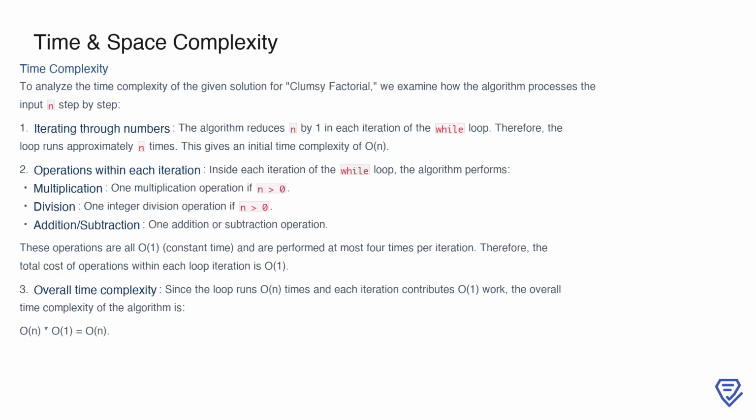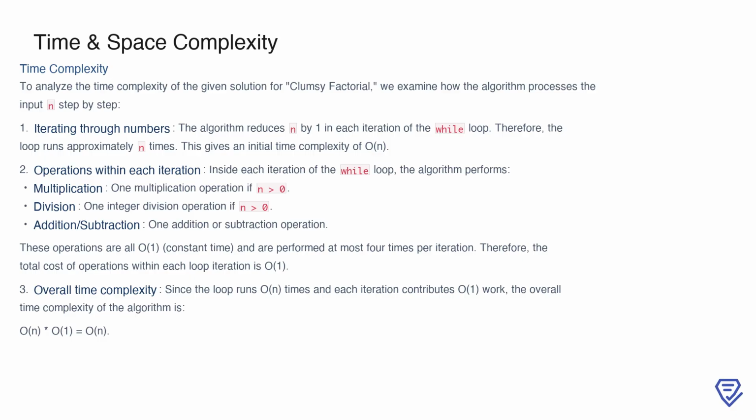To analyze the time complexity of our solution for the Clumsy Factorial problem, we start by examining how the input n is processed. The algorithm uses a while loop that reduces n by 1 during each iteration. This means the loop will execute approximately n times. Within each iteration, several operations are performed, including multiplication, division, addition, and subtraction.